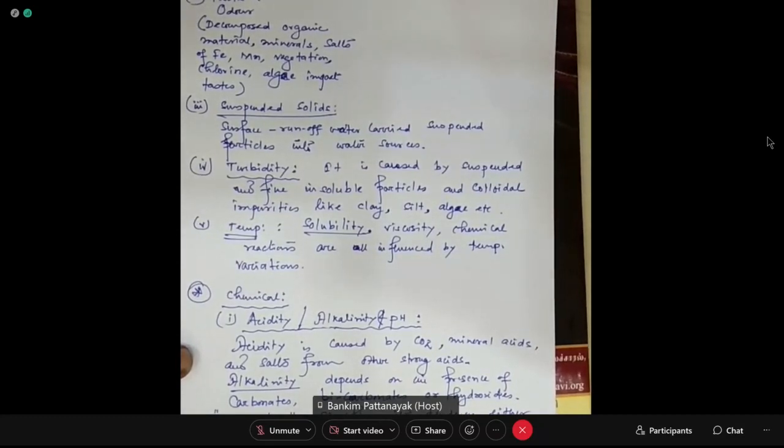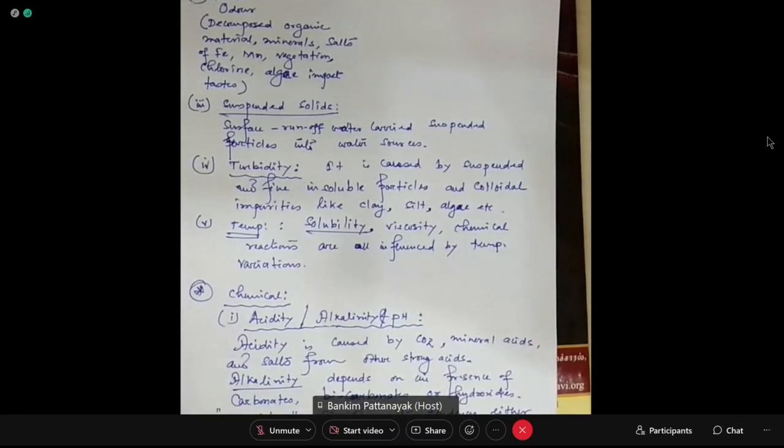Neutral pH value is equal to 7. That means neutral value 7 means it is neither acidic nor alkaline.